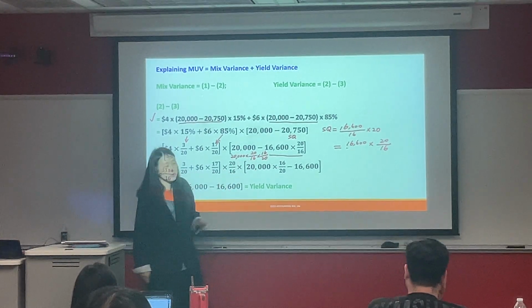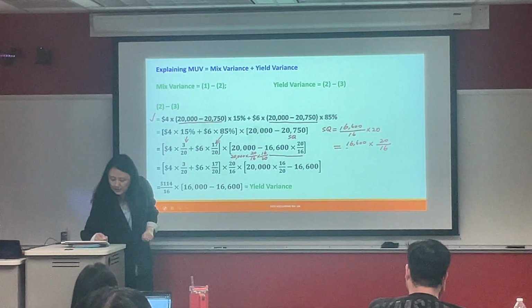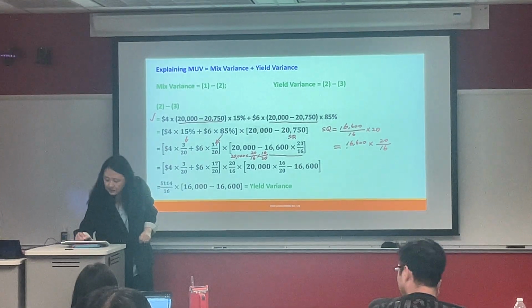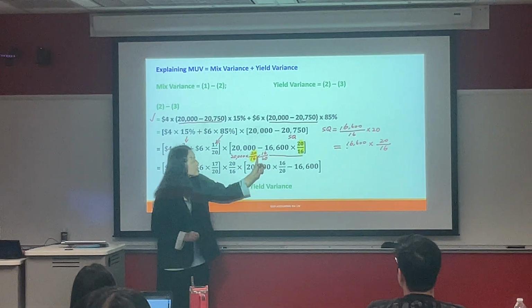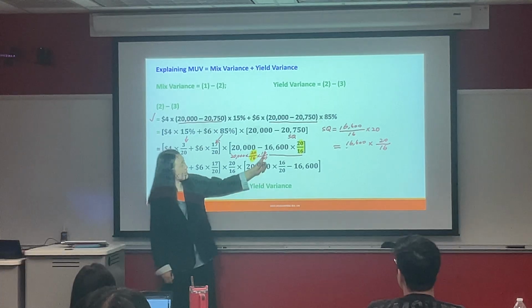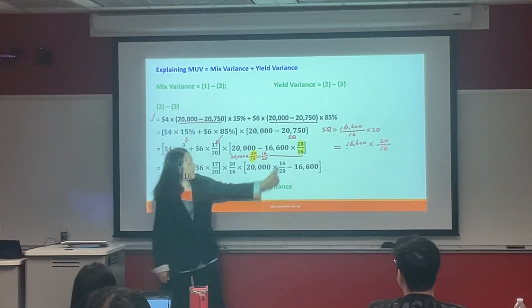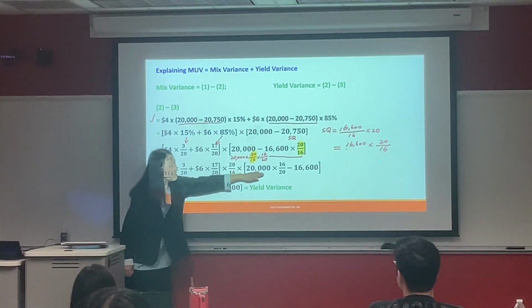But if I write it in this way, guess what? I have a common factor, right? So I got a common factor, 20 over 16, right? So 20 over 16 coming out, and what's left is 20,000 times 16 over 20. And here is 16,600. So that's this term.